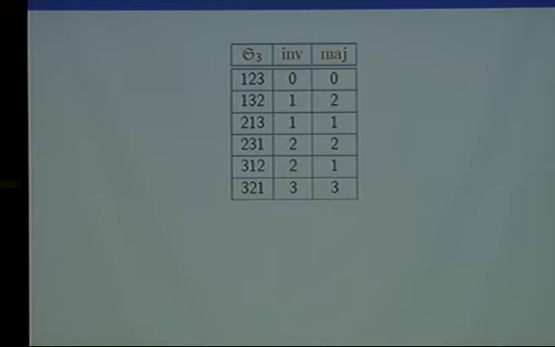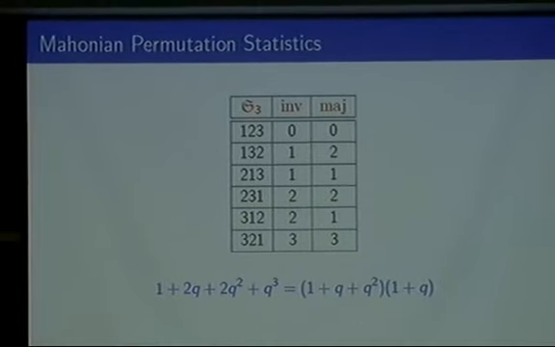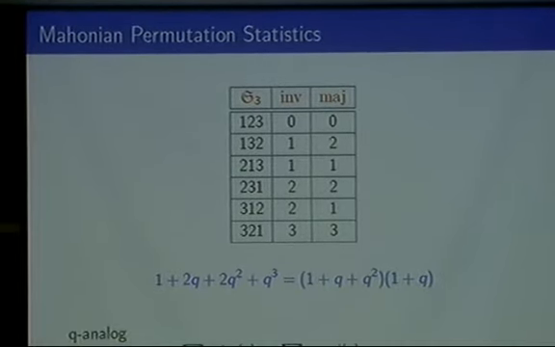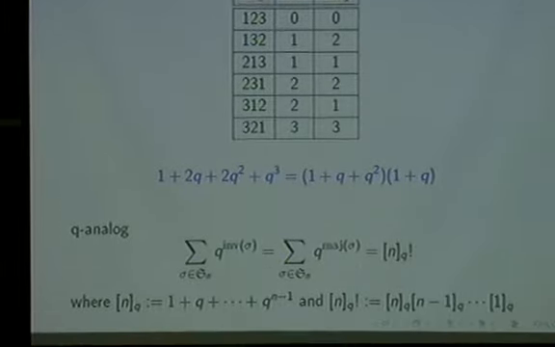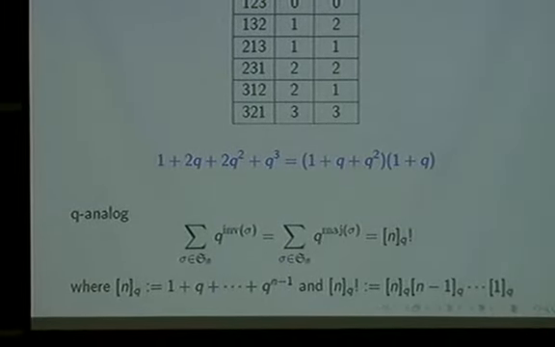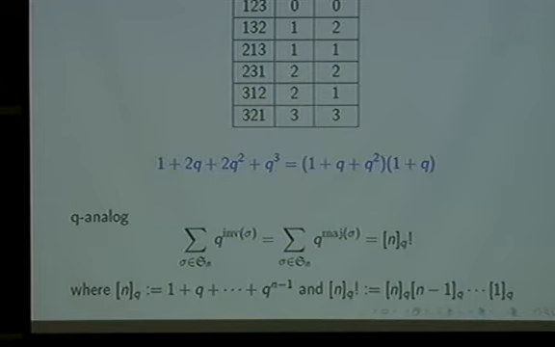You can see the columns, there's 1, 2, 2, 1. And if we write out the polynomial, it factors very nicely. And we then see that what we end up with is a Q analog of n factorial. This is a Q analog of 3 factorial.